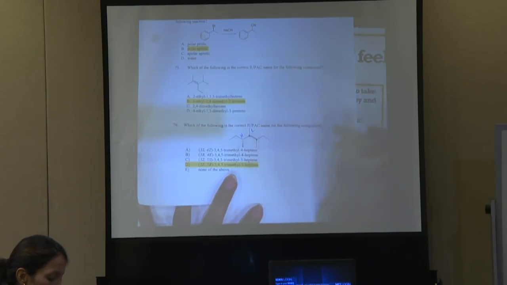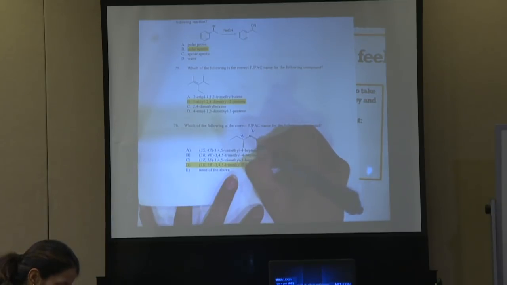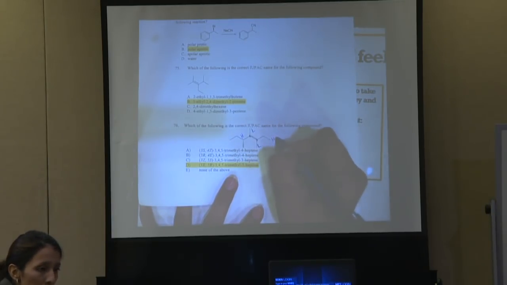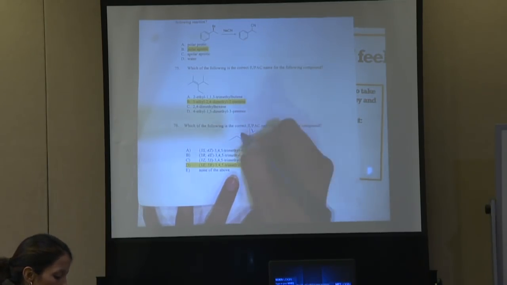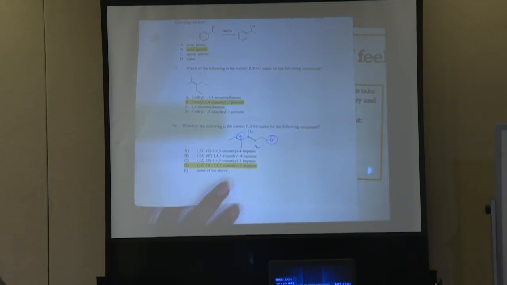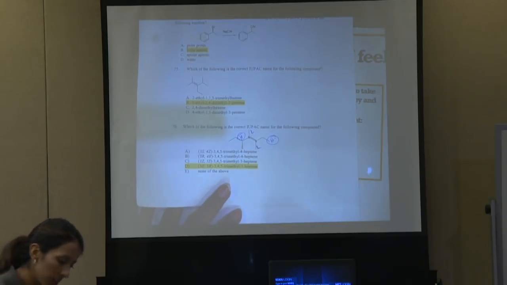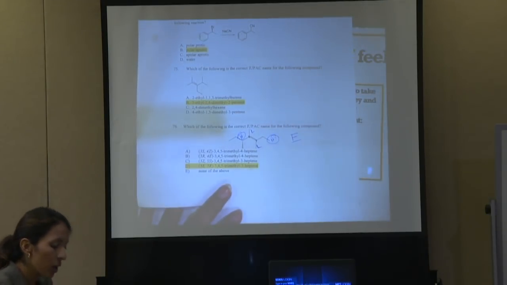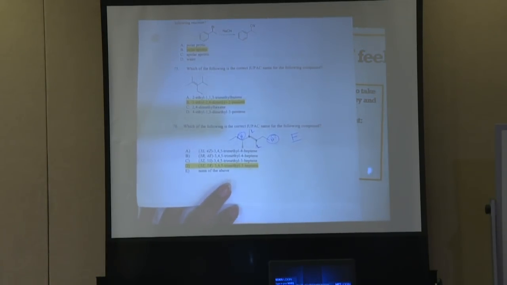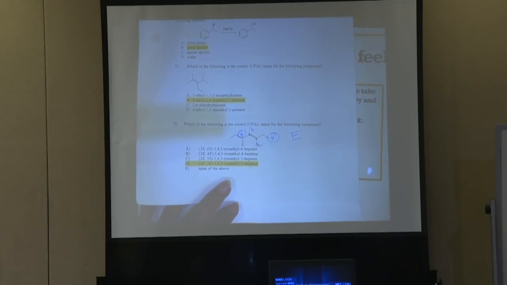And on this one, which one is my high priority? Up. And which one is my low priority? Methyl. So I'm comparing my high priorities, high and high. What side are they on, relative to each other? Opposite. So what is that? E. Could I have also used cis or trans for this one? Yeah, why?